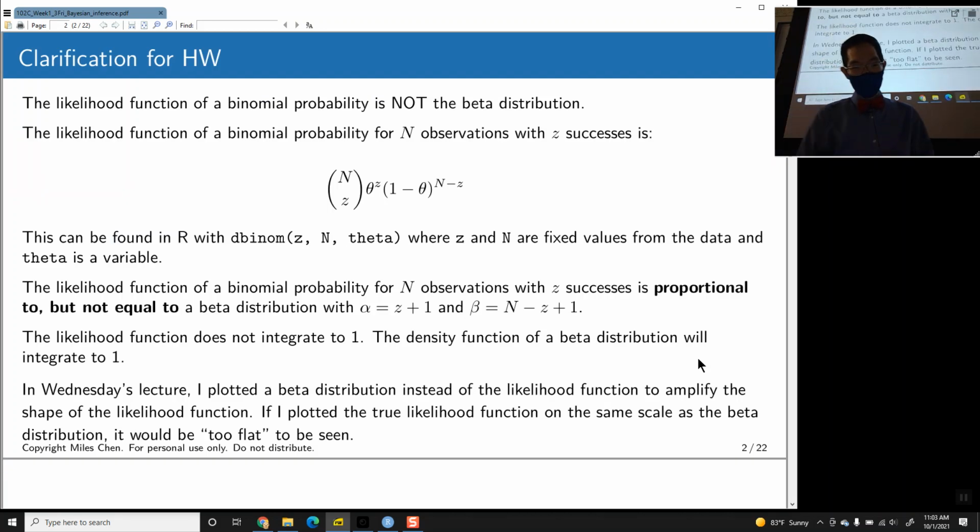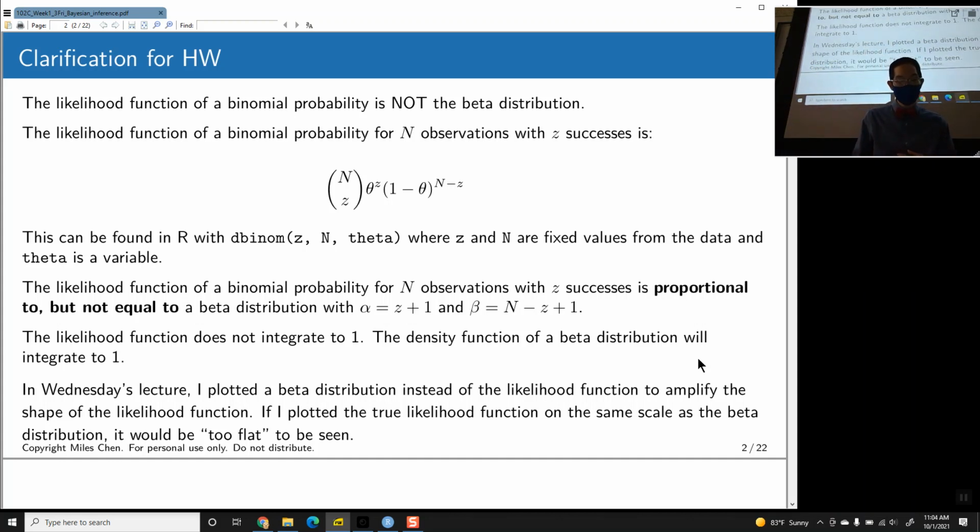Just a little bit of clarification once again, or maybe a reminder, because I think I pointed this out: the likelihood function is not the same thing as a beta probability distribution. They are of the same form, they have the same shape, but they are not the same.